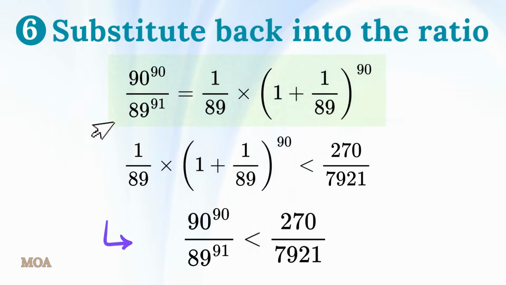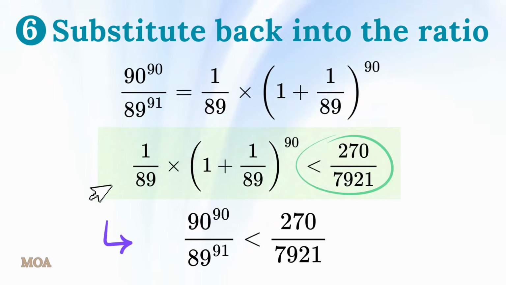Then, we substitute this result back into our original ratio. Recall that the ratio of 90 to the power of 90 divided by 89 to the power of 91 is exactly equal to 1 over 89 multiplied by the quantity 1 plus 1 over 89, all to the power of 90.